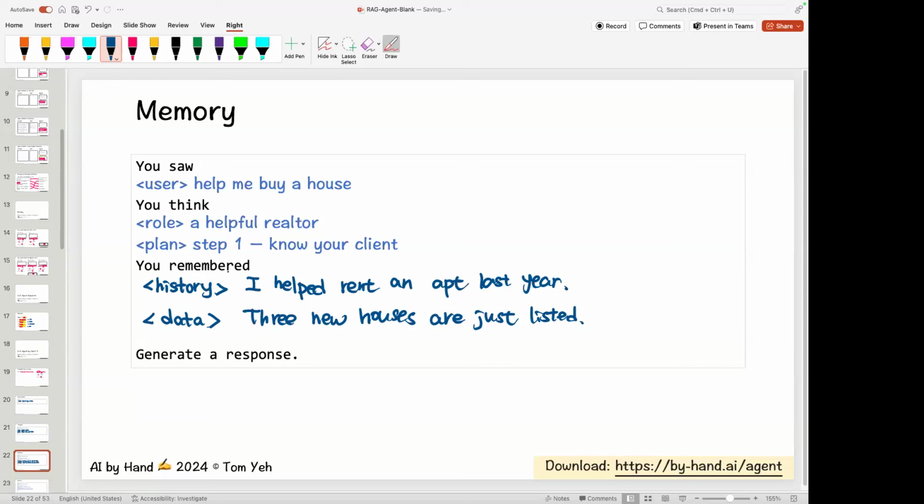And you can think of in practice, this history could come from some kind of private database, such as a vector database that stores all the information and interaction history. Data could come from some real-time API that connects to the listing agency's database, but then is added to your prompt. That is what this is doing.